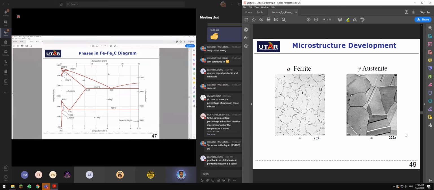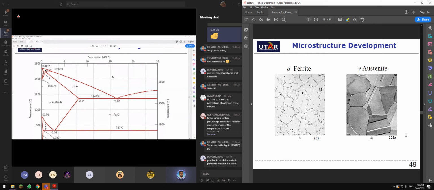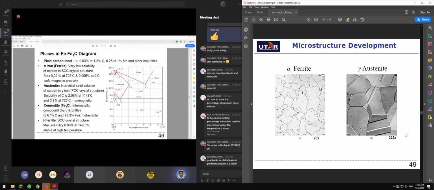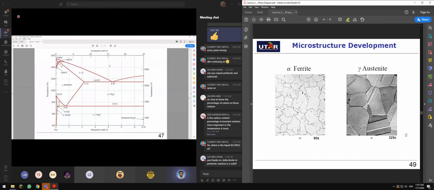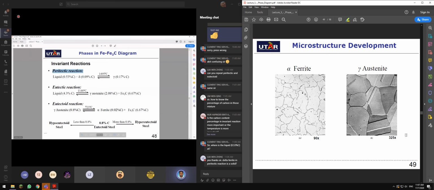Okay, this region, and this point here is what you call the peritectic reaction.